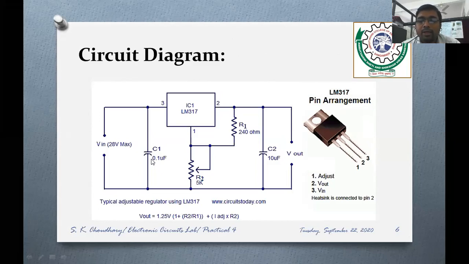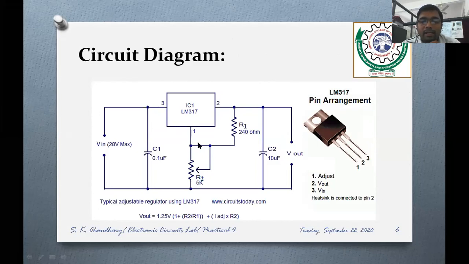At that time, we use a parallel capacitor to decrease the fluctuations of the voltage. But here we do not need this arrangement, so directly we can say the filter capacitor. Now on pin number 3, the input voltage is given.